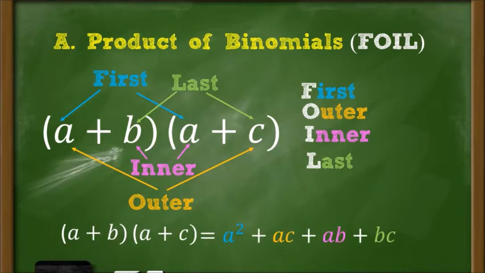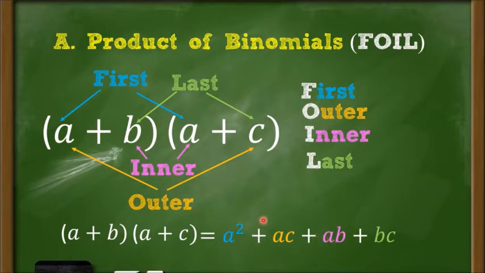The result will be the product of the first terms, that's A multiplied to A, giving you A squared. Then add it to the product of your outer terms. That is A multiplied to C, therefore you have AC. Now, we have the third term, that's plus AB.